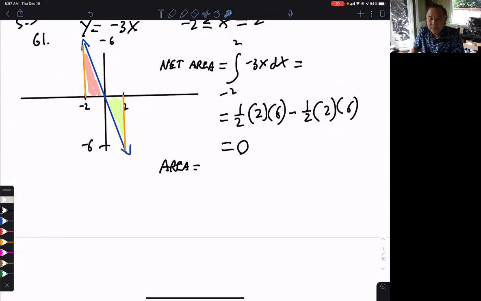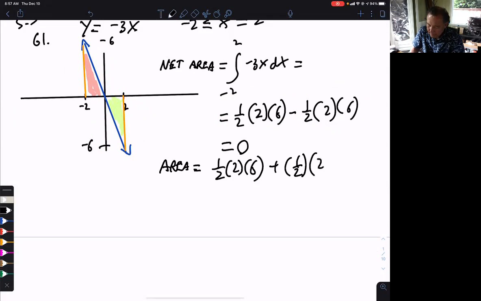Okay, if you were to walk into my classroom, today is the first day of calculus, and I asked you, what are the areas of the shaded regions? You would not tell me 0. You would say, oh, I can do that. The area of the top is 1/2 base times height, and the area of the bottom is 1/2 base times height, and you would say that's going to be 6 plus 6.